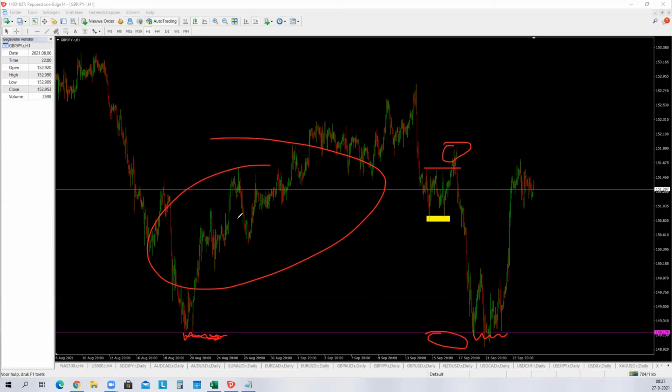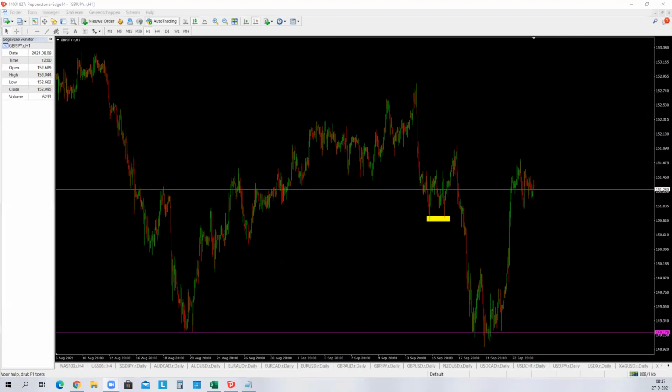It used to be 100%, but I do add some discretion right now because I've been trading it for so long, and I've noticed certain things lining up that increase my probability of success. So if I see my setup happening just below a swing low, a key swing low, I know my probability of success is way higher than if it is just at a random place. So it's always about the setup and the location.